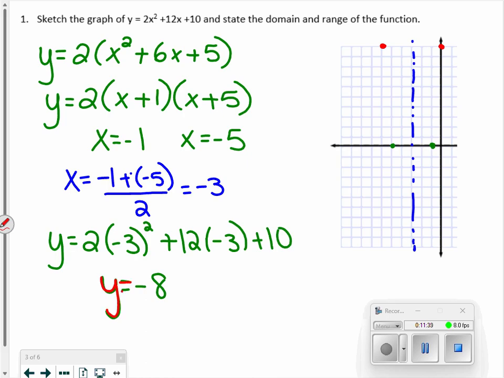Was that a guess? Okay, so it was a guess. Did anyone else get negative 8? Yeah, okay. It's just really steep.